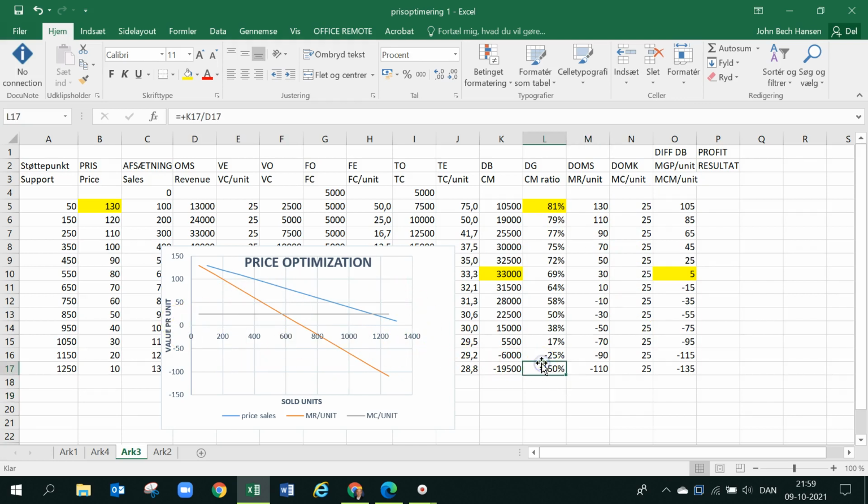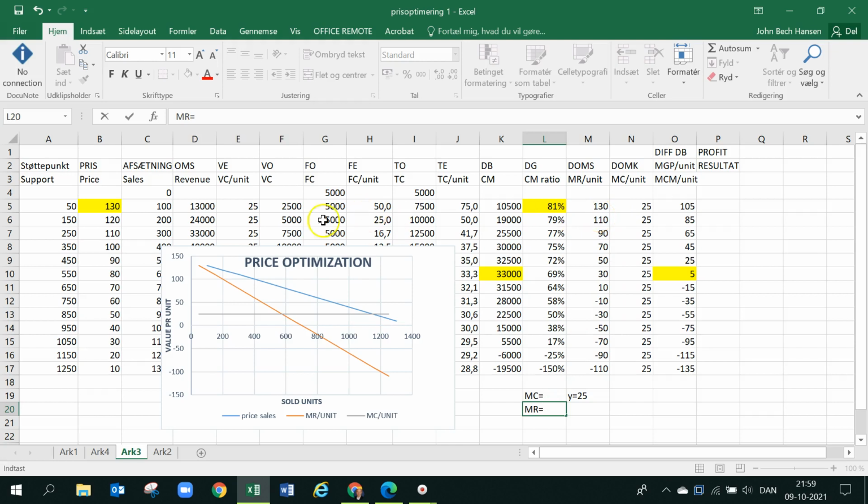So if we say the marginal cost equals, we can say y equals 25. The marginal revenue, that's the one here.